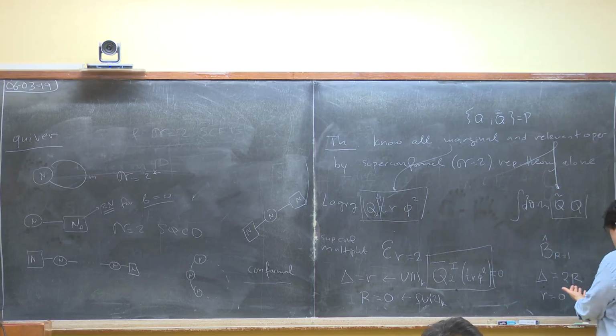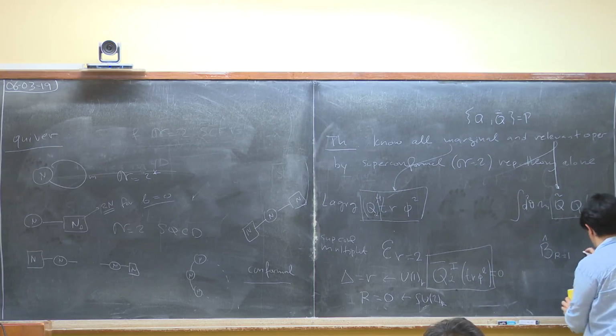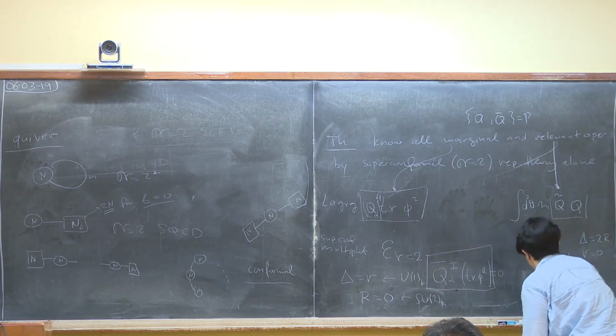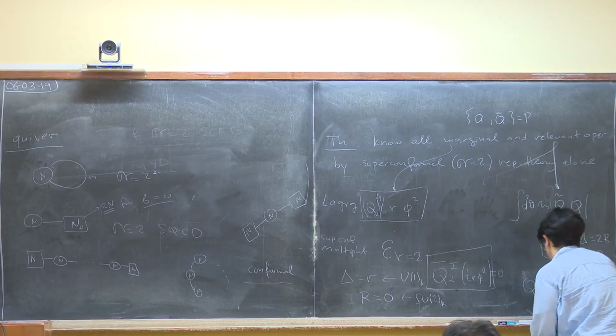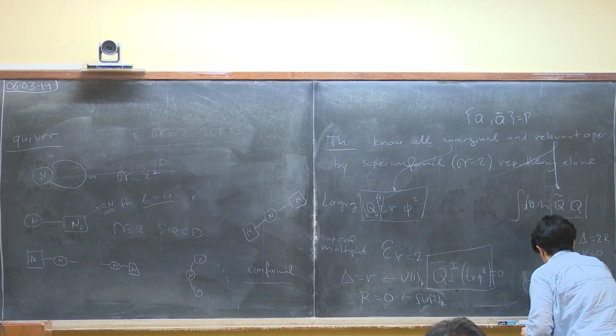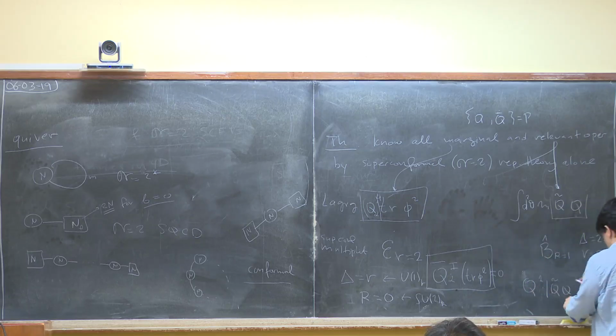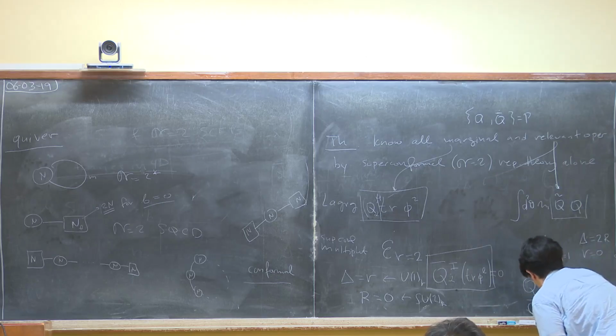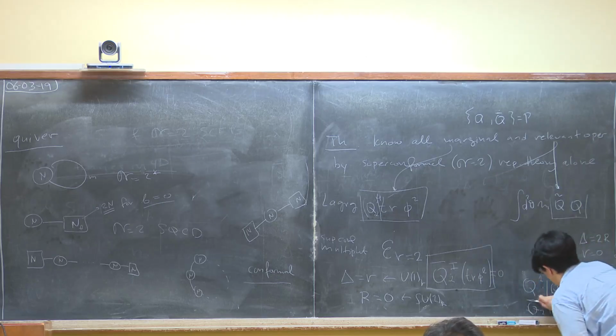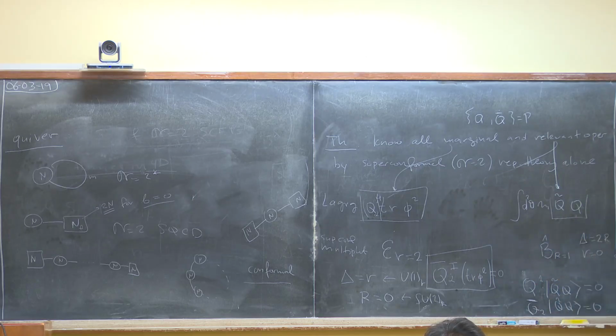And now, by whom they are killed: they are killed by Q1, and they are also killed by the 2 bar supercharge. And in fact, there is an SU2 triplet of them.